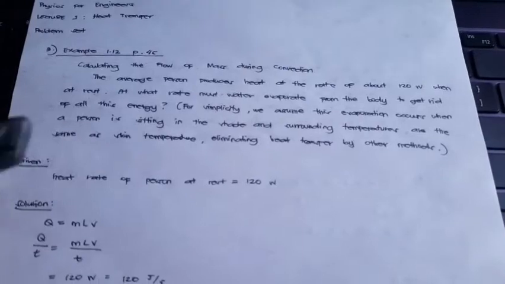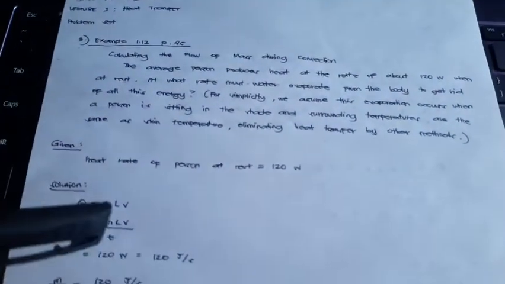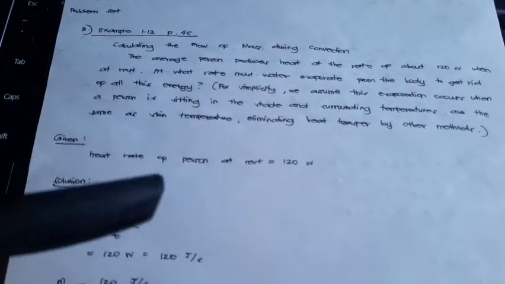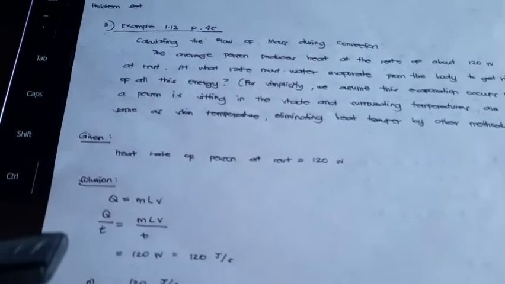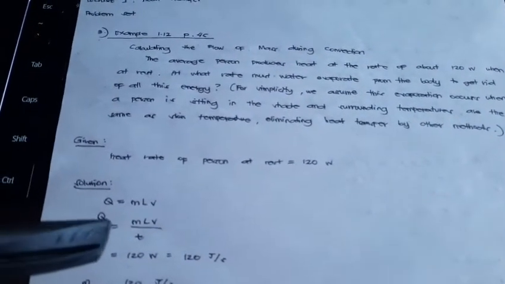So based on the problem, the given is the heat rate of a person at rest, which is 120 watts. Solution: the energy needed for this phase change is Q equals mLv.